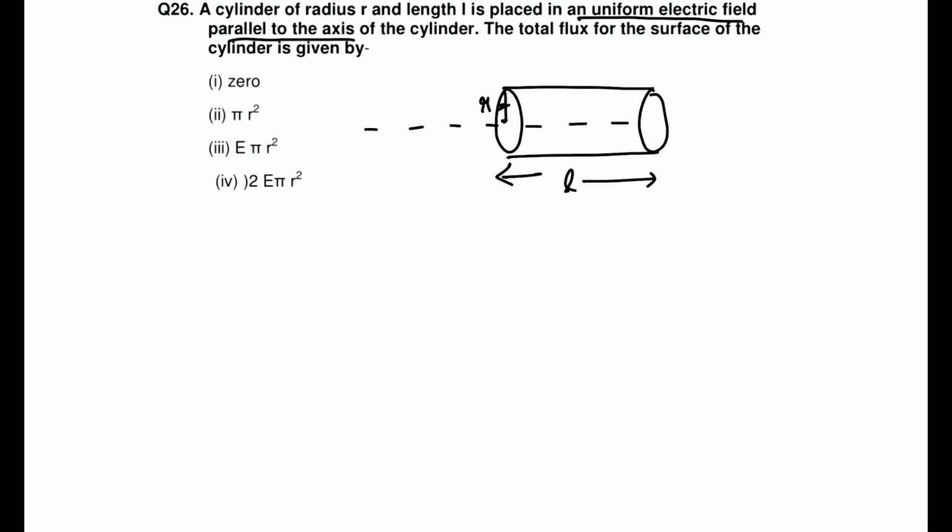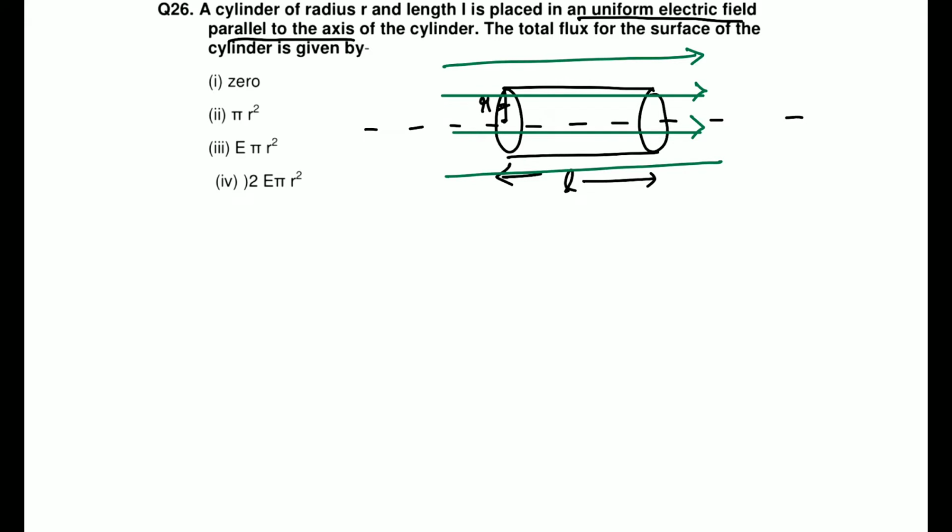Let's say this is my axis of the cylinder. Let me draw the uniform electric field here. My electric field is parallel to the axis.